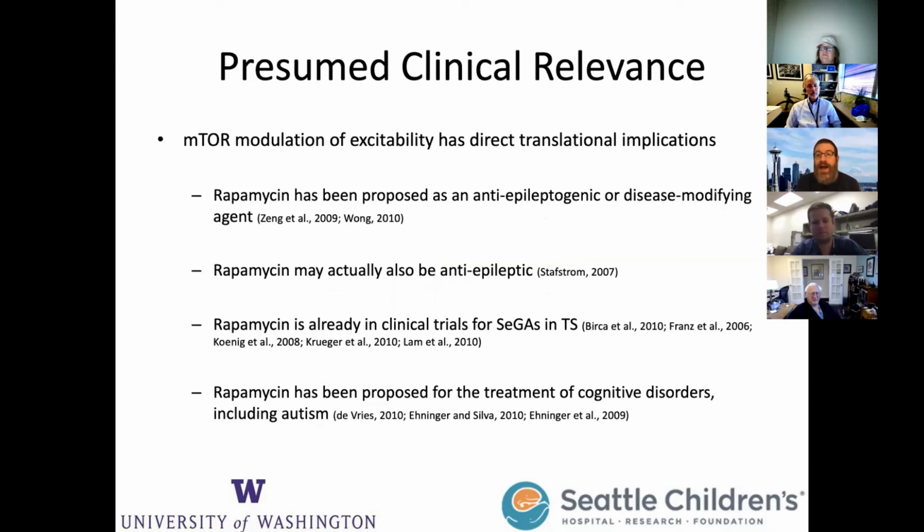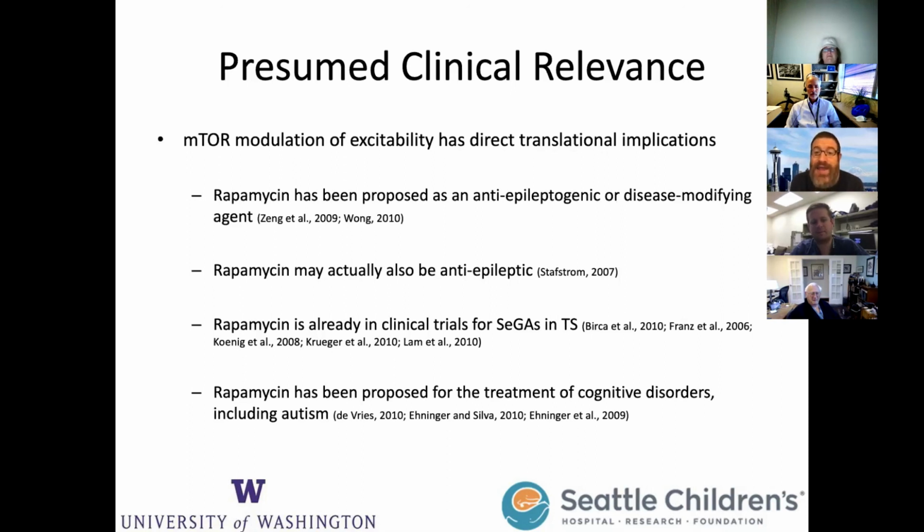Well, the way I would like to think about everything I just showed you is that mTOR clearly has a role in modulating the excitability of pyramidal cortical neurons. And we'd like to hope that that has direct translational implications. There have been some animal studies that have suggested that rapamycin could be an anti-epileptogenic or disease-modifying agent.